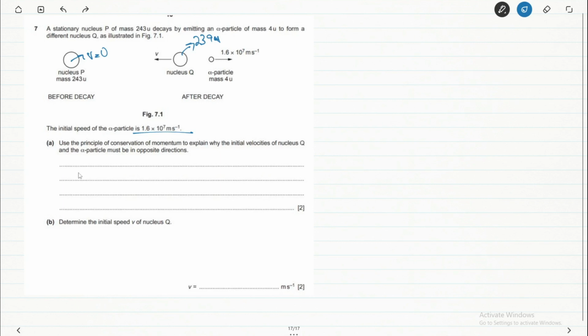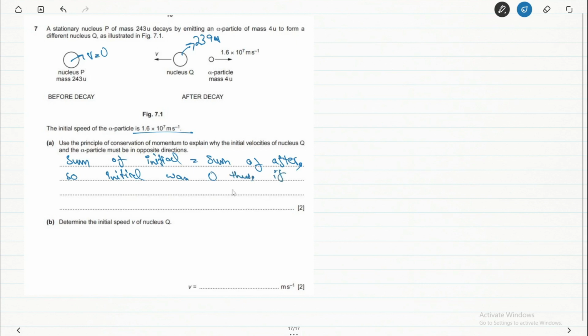So, the principle of conservation: sum of initial equals sum after, right? Initial momentum was 0.